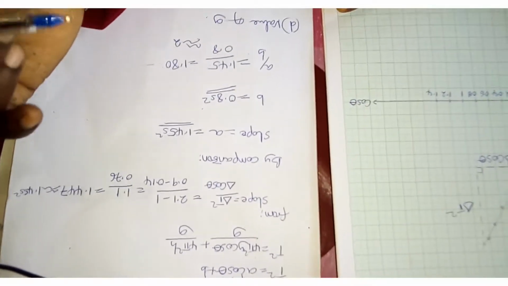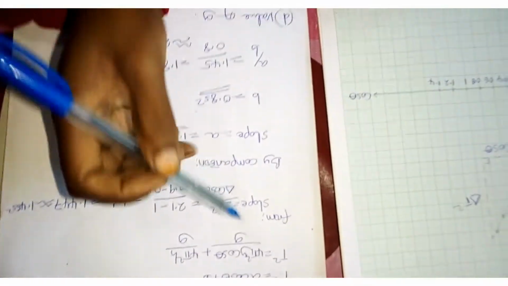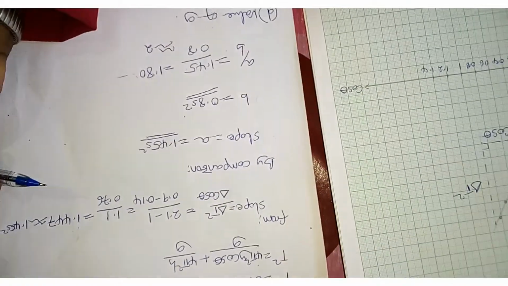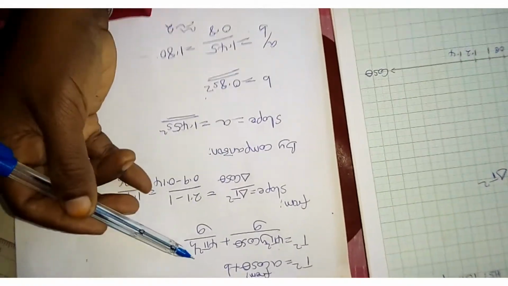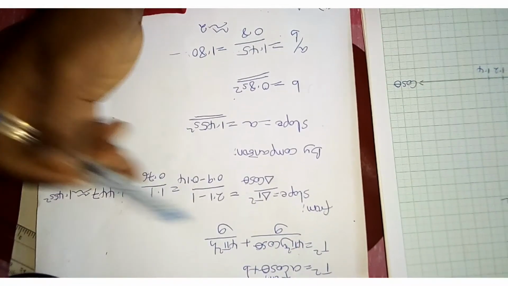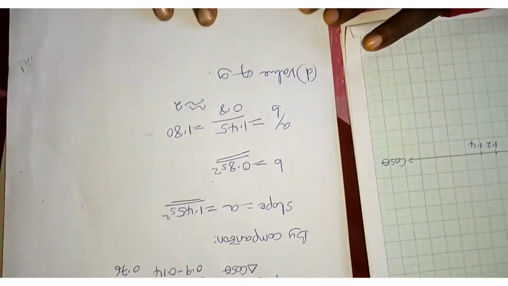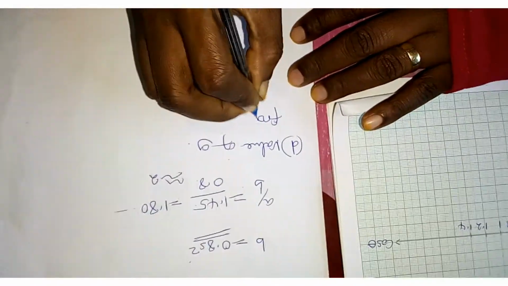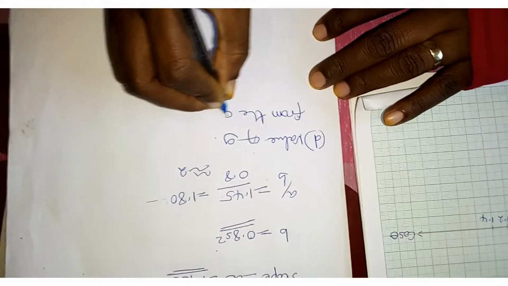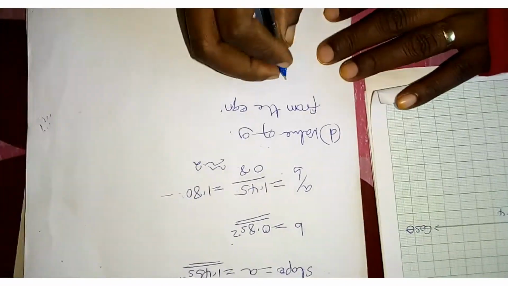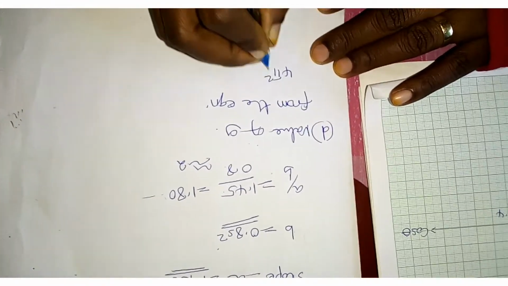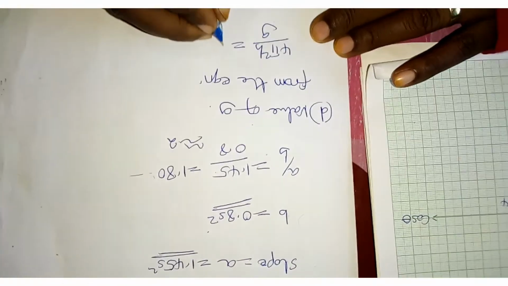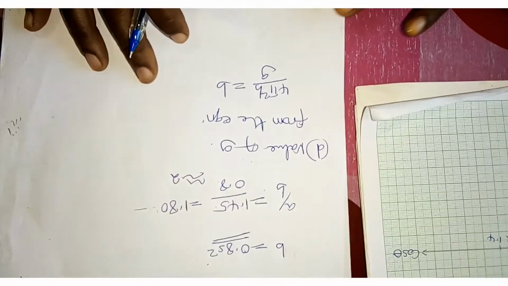By taking 4 pi squared y over g is equal to the slope, you can determine the value of g, or you can determine the value of g by using the intercept from the equation: 4 pi squared h over g is equal to b. This is the intercept of the graph.